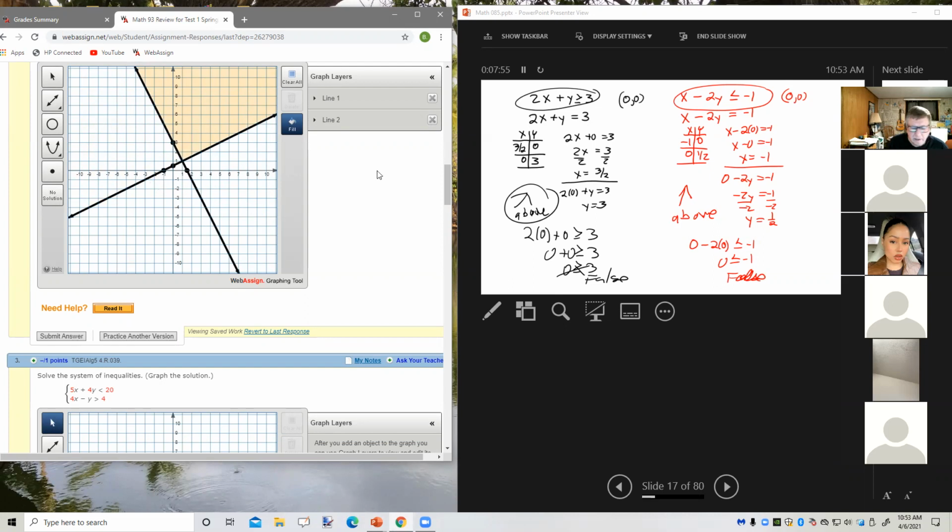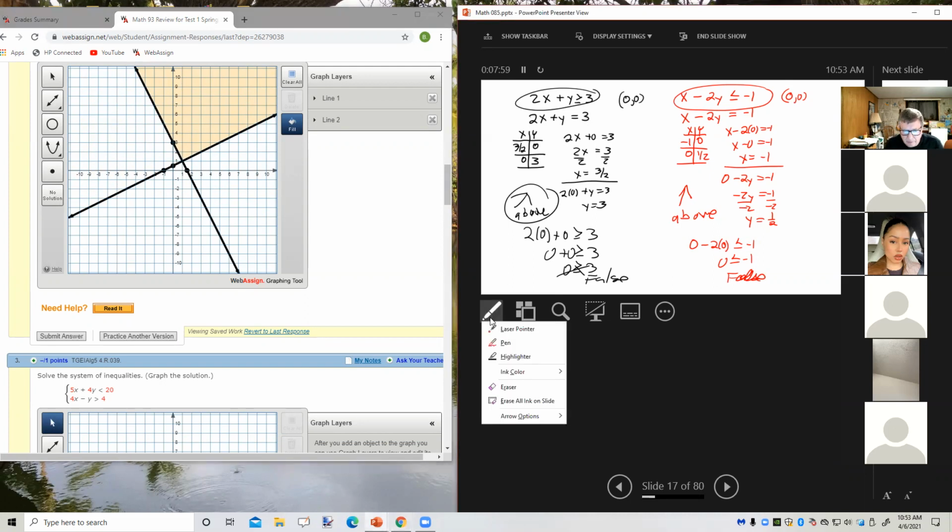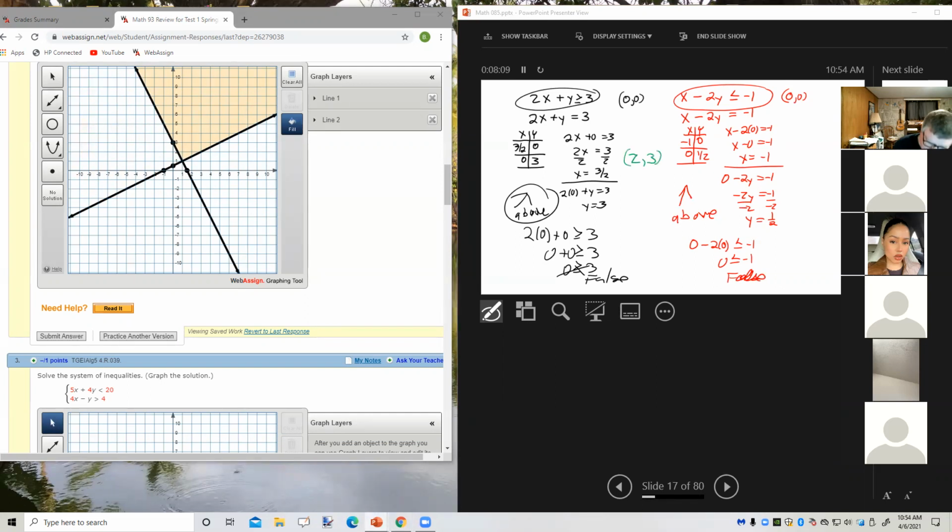Let's try that point. And let's go with green. So we're going to use the point 2, 3. We're going to make sure that it works in this inequality and then in this inequality.